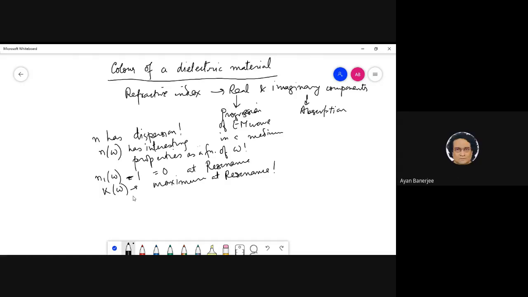So what Anirudh feels is that if the k is maximum at resonance, the reflectivity will be minimum.